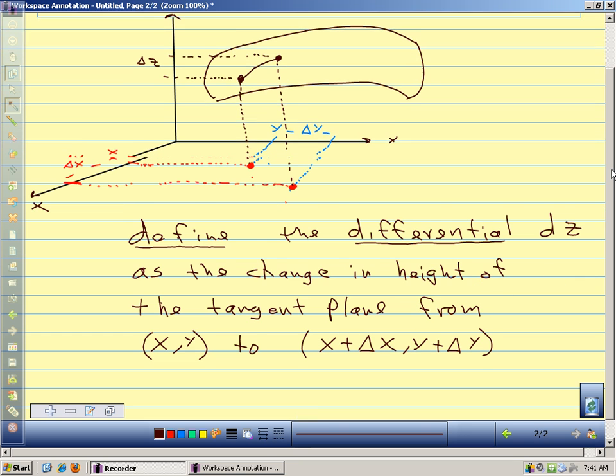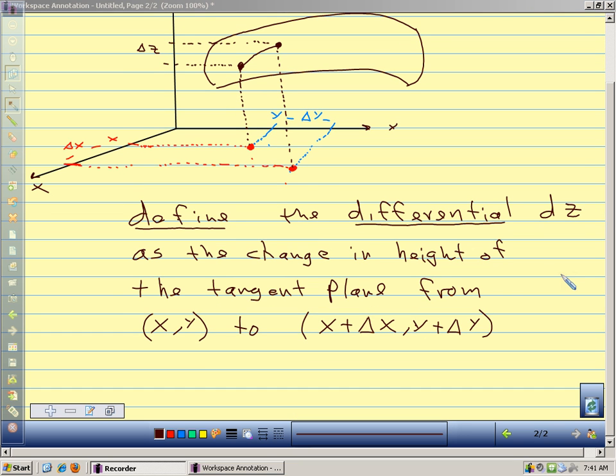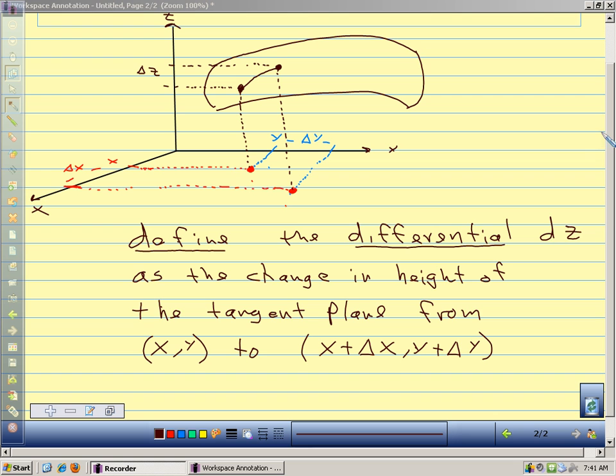We can show, it takes a little work and it's a little complicated, having to do with calculating tangent planes. We know how to do it, but it's more complicated than we want to do right now.